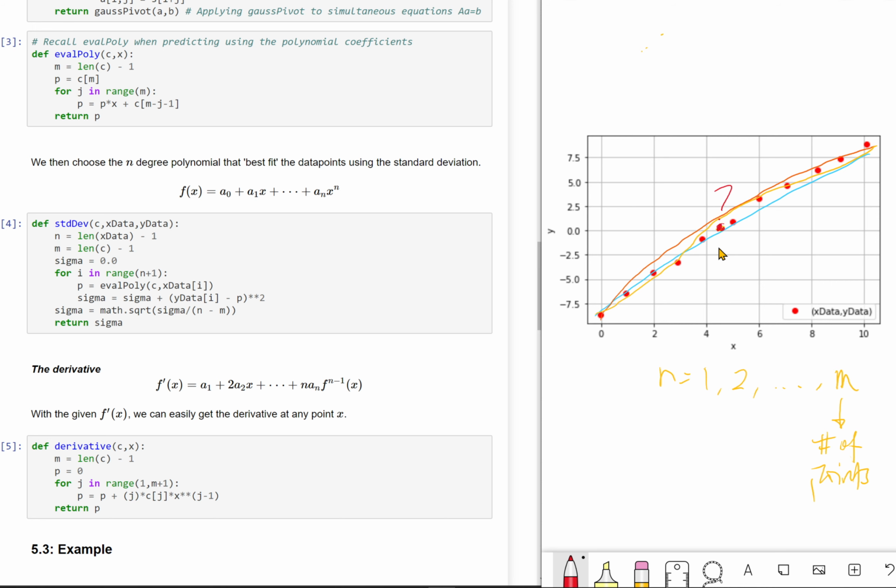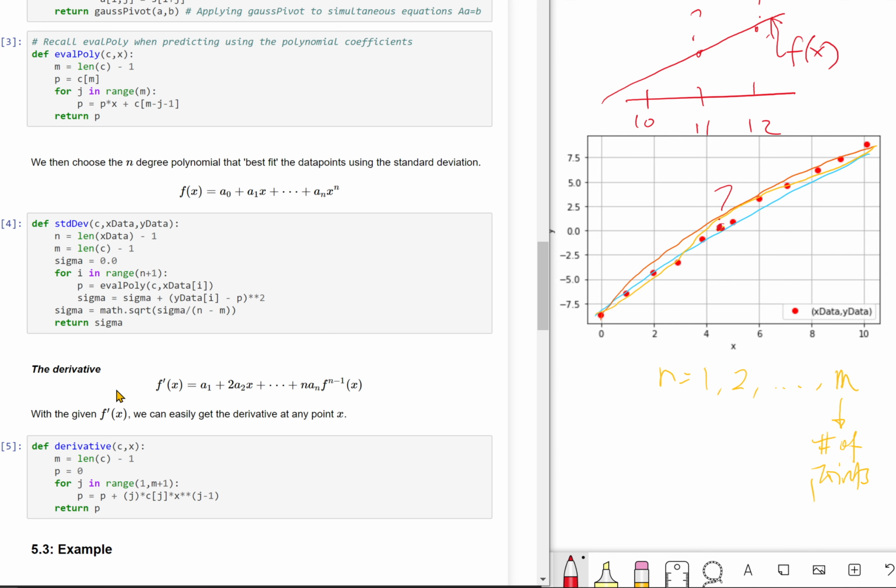Or if we want to predict beyond 10, say 11, we know that the straight line goes this way, so what will be this value here? So this line here is what the f of x is. It can be a curve or whatever curve is expressed by the polynomial function.